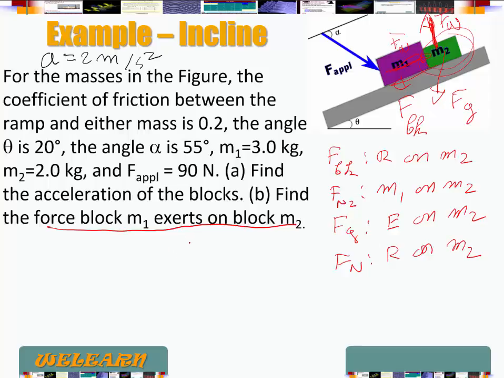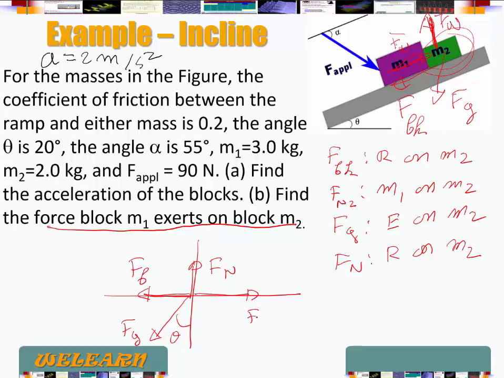If we do a free body diagram, it's going to look like this. Fn is here, Fg is here, with this angle being theta. The friction force is going to be here, and Fn2 is going to be like this.